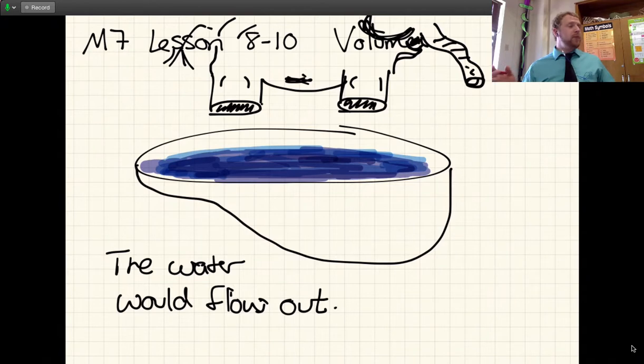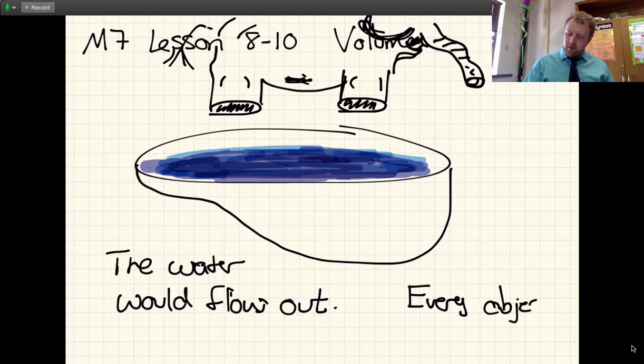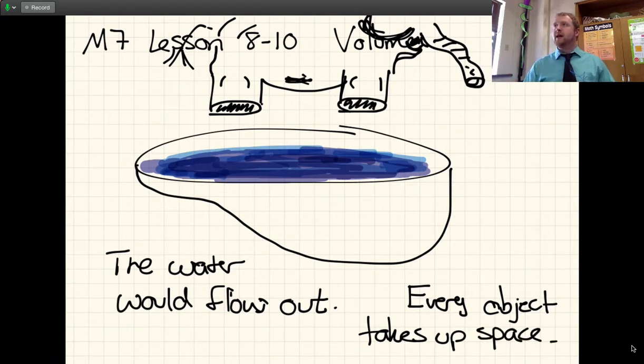Okay, so here's the big picture. Every object takes up space. I think that's a pretty easy idea for us. We take up space. Right now, instead of there being air where I'm sitting, I'm taking up this space. If I move, what's going to fill in behind me?